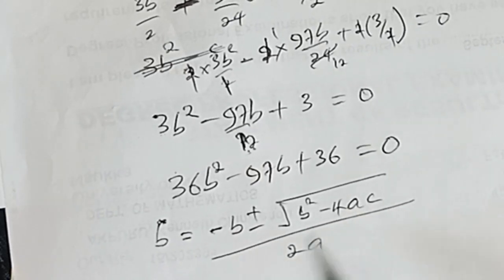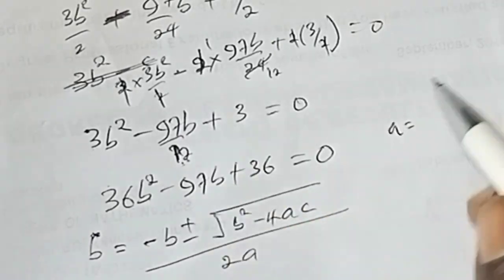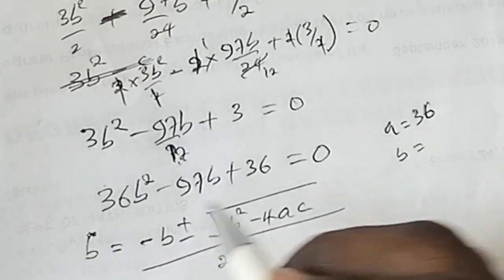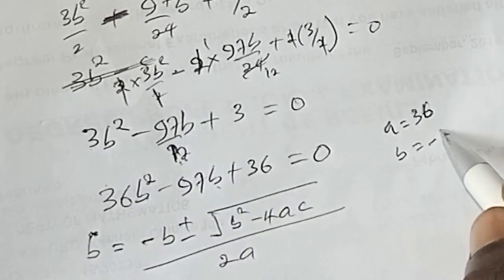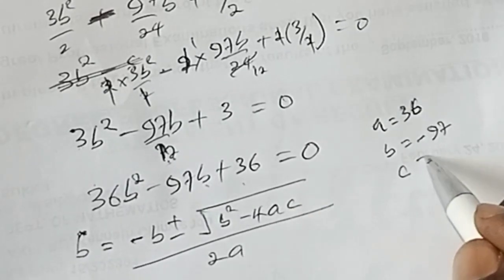In this case, my a, the coefficient of b squared, is 36. My b, the coefficient of b, is minus 97, and c, which is the constant, is also 36.